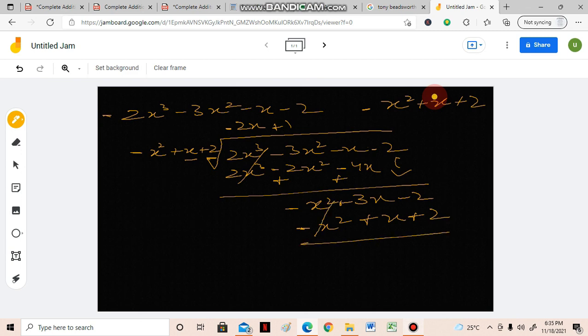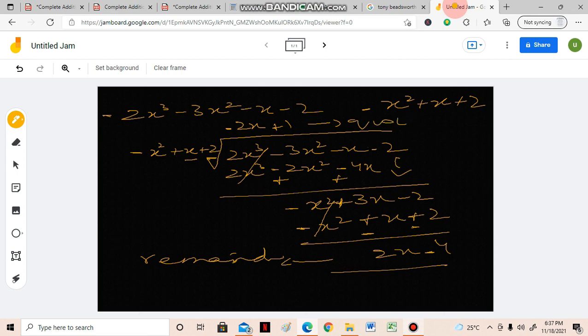So this will cancel out, okay, this will become negative, so plus minus is minus, so this will become 2x with positive sign, and this will become minus, so minus minus is plus 4 with negative sign. Okay, so the remainder that we have is 2x minus 4 and minus 2x plus 1. This is our quotient.